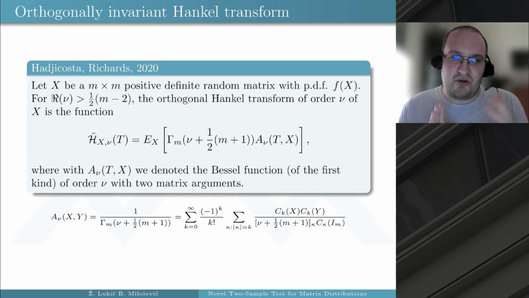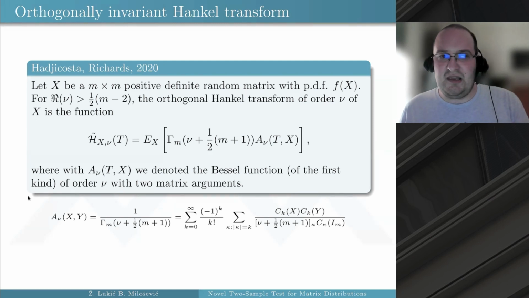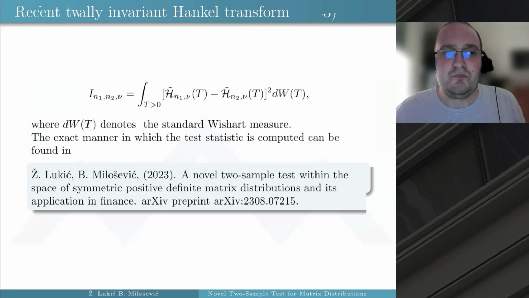This orthogonal Hankel transform has many attractive properties. Here you can see the exact form, while this thing is the Bessel function of two matrix arguments, which can be numerically evaluated in MATLAB, but this is a technical part which I'm going to skip. If you have any questions, I'm more than happy to answer them.